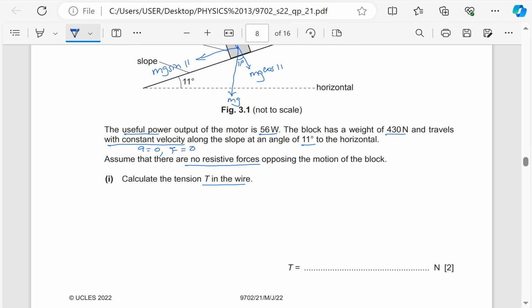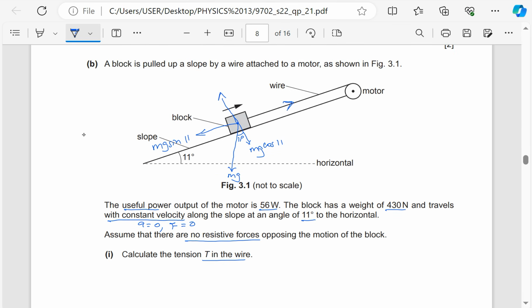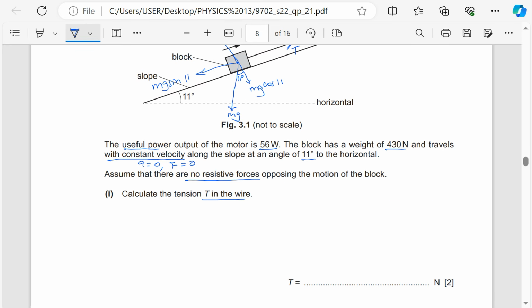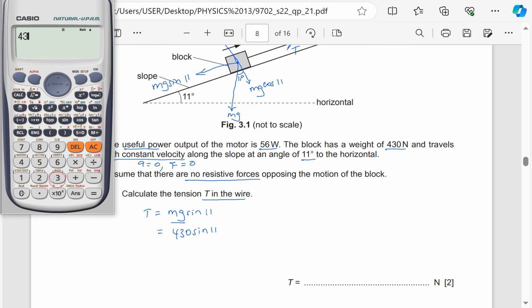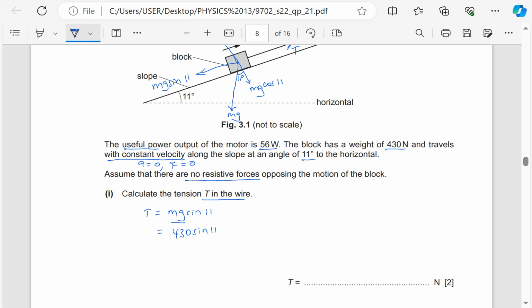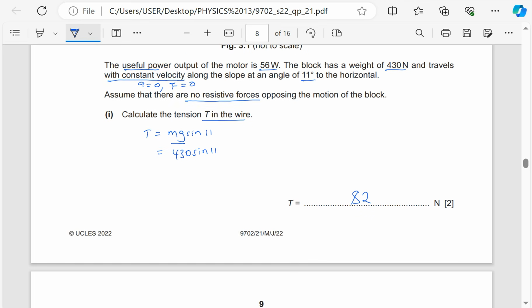So we want to find T. The tension T in the wire is simply going to be equal to mg sin 11. Mg is the weight, so it is going to be 430 sin 11. And when I press my calculator, 430 sin 11, that is 82. So T is approximately 82 newtons to two significant figures.